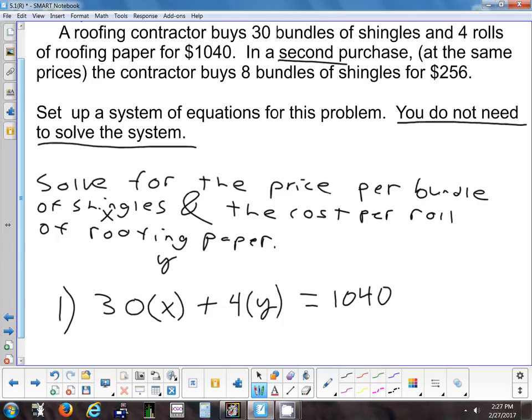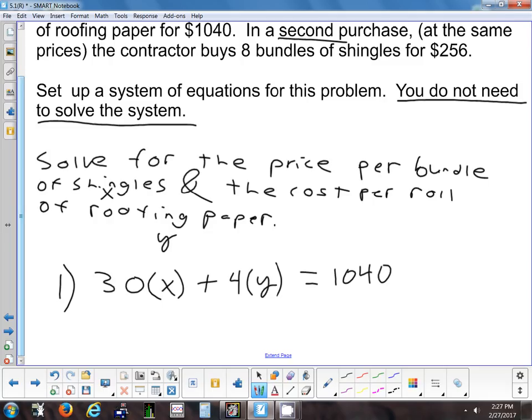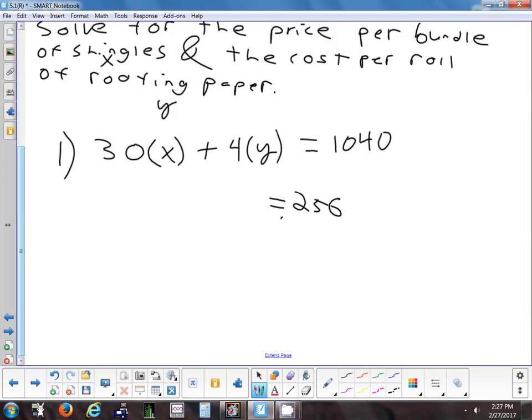Okay, what did the contractor do the second time they went to the store? They just bought 8 bundles of shingles. That's it. So how much did they spend on that 8 bundles of shingles? $256. But now, how would you represent 8 bundles of shingles? 8x.